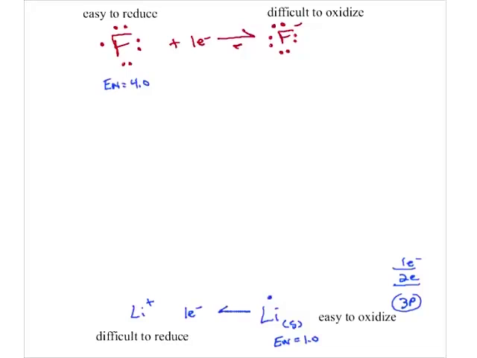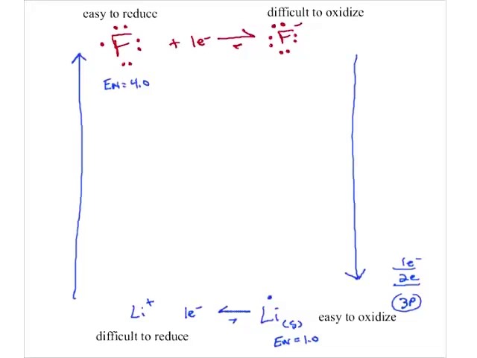And if we look at their position on the table, as we go up here, it gets easier to reduce, and as we go down on the other side of the table, it gets easier to oxidize. Okay? So this reaction pretty much doesn't want to go forward. It will if we force it to, but under normal conditions it would rather not.